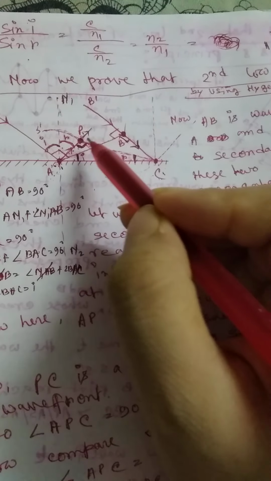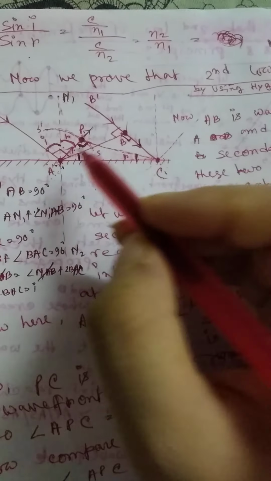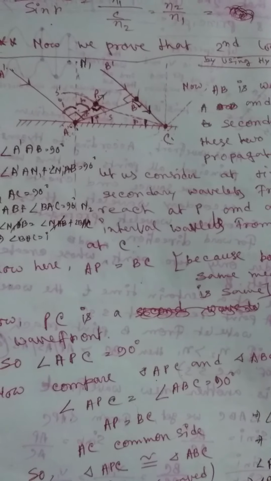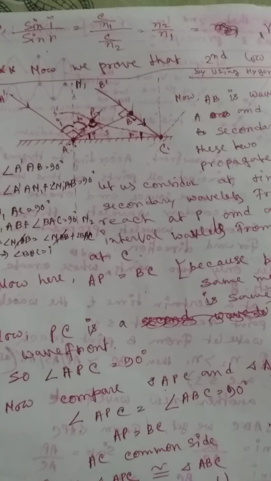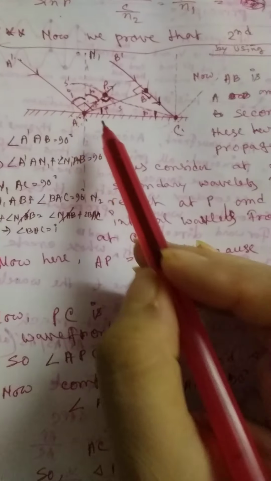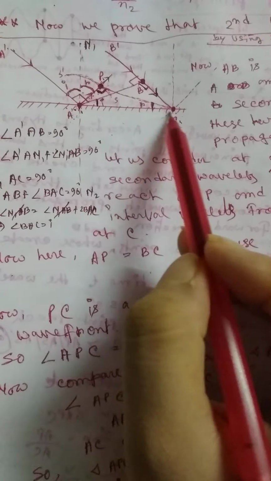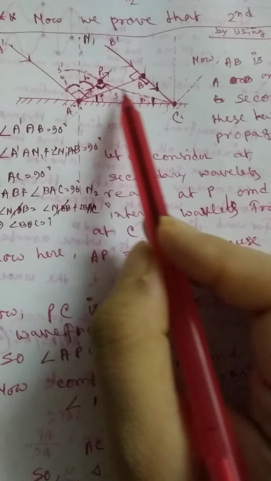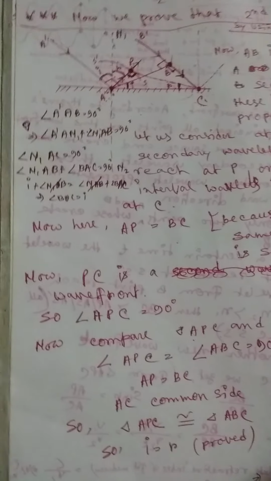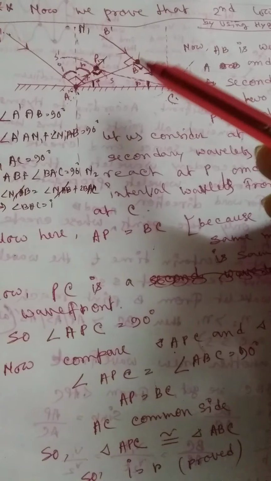That means this angle equals this angle. So these two angles are equal, and AC is the common side between these two triangles, ABC and APC. And also AP side equals BC side.